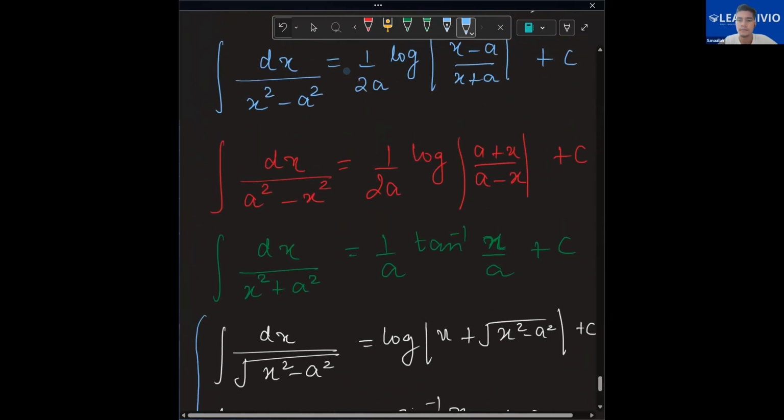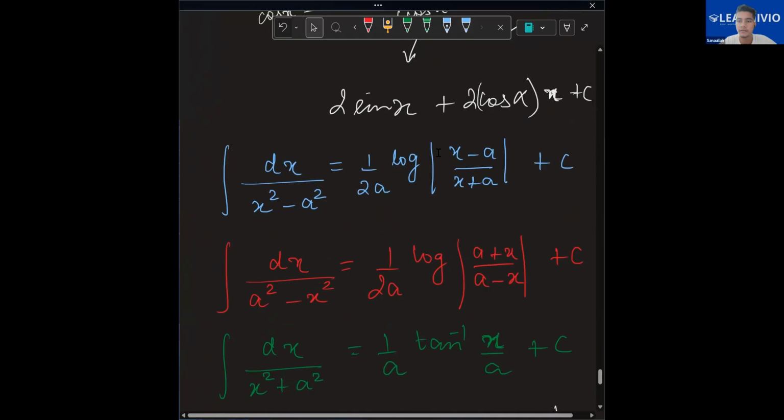Okay, just take a few minutes and learn this formula.